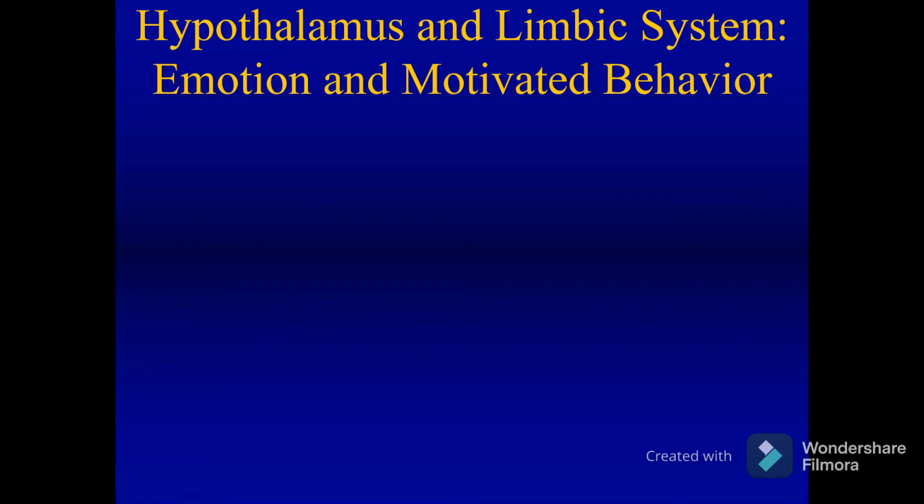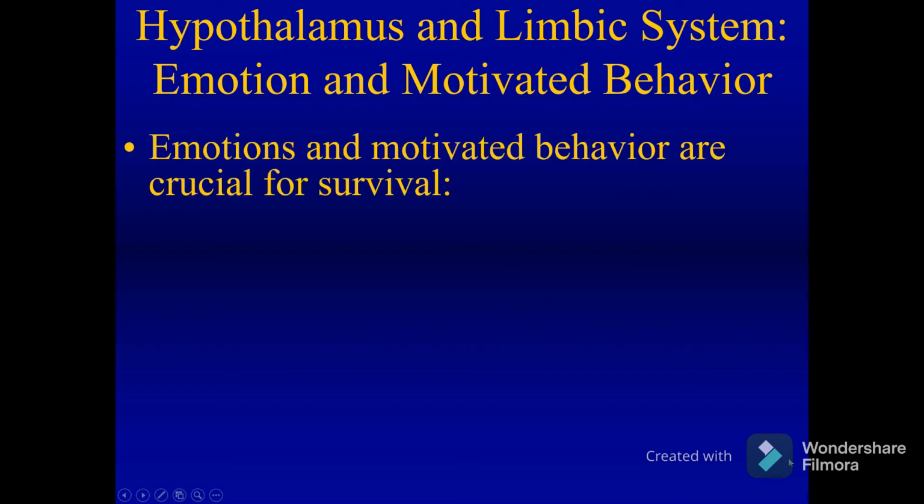So we have the hypothalamus and the limbic system. They work together for the genesis of emotion and motivated behavior. Now, emotion and motivated behavior are very crucial for survival.